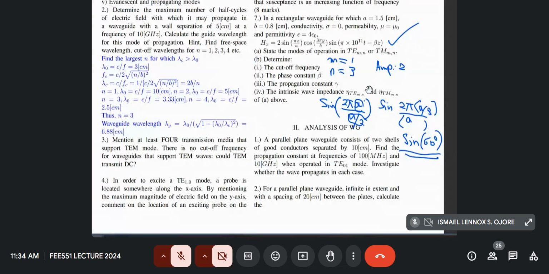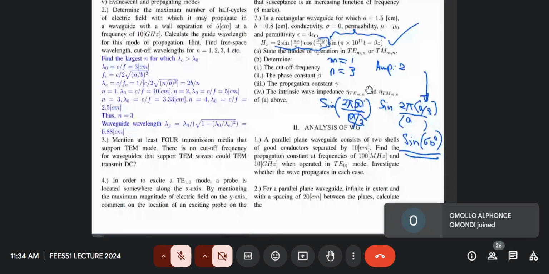Yes. So that's how you excite different modes, so that you don't have your fields cancelling out. So you work with this location here, and then you try to get what location will give you the maximum value. Because apart from this is the signal. You can see this still speaks to the amplitude, isn't it?